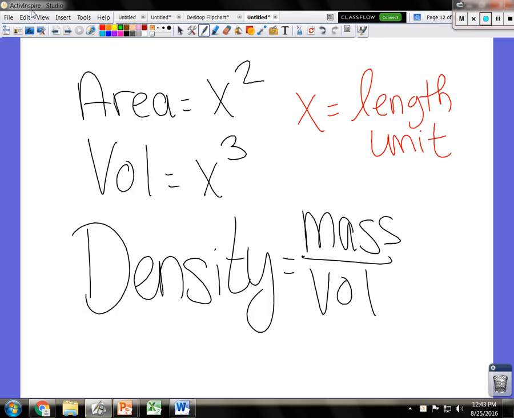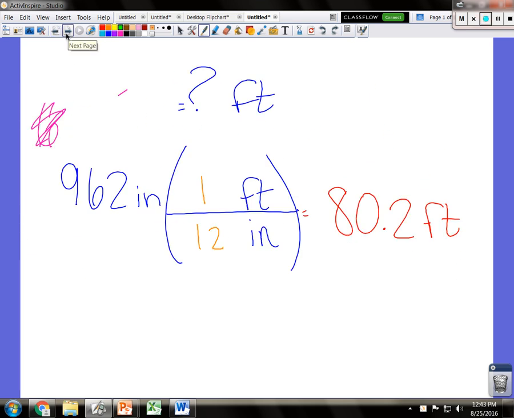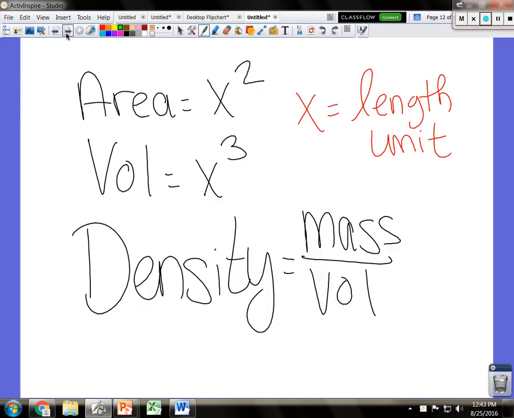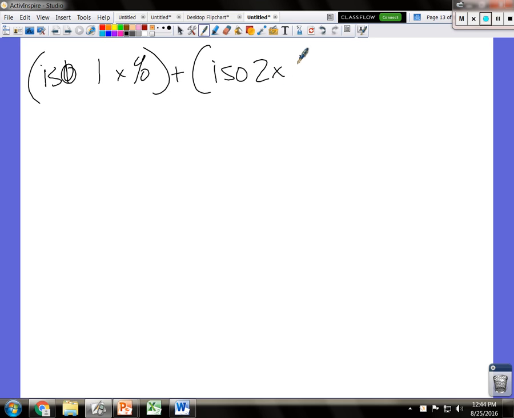All right, so here's what we have going on. I wanted to go back to this from yesterday, but I can't because I lost that thing. So let's just look at it from this perspective. ISO 1 times percent, plus ISO 2 times percent, plus ISO 3 times percent, equals average mass.